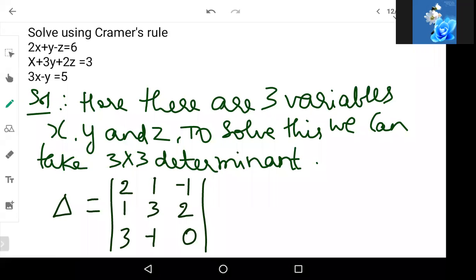Yes or no? Yes. Now, solve this determinant. I'll wait here for you. Solve this determinant and say me the answer for the determinant. Don't think about delta and all. Just see this determinant. 3 into 3 determinant is here. Now, solve this determinant and say me the answer. Start solving.